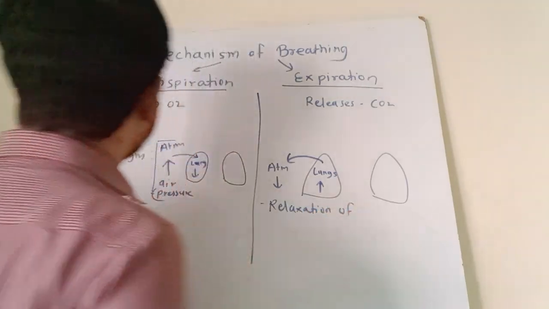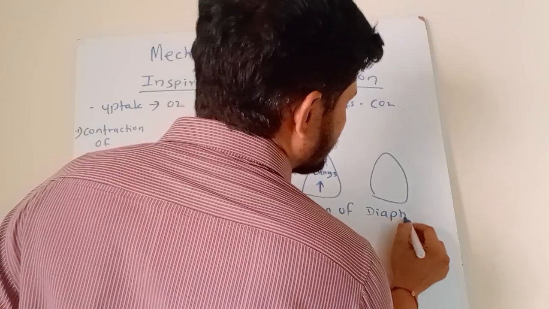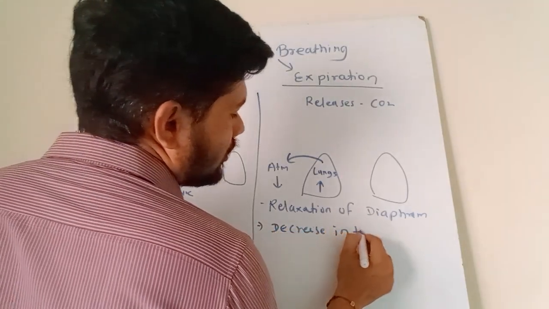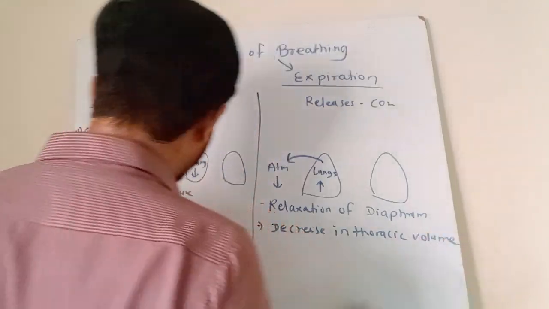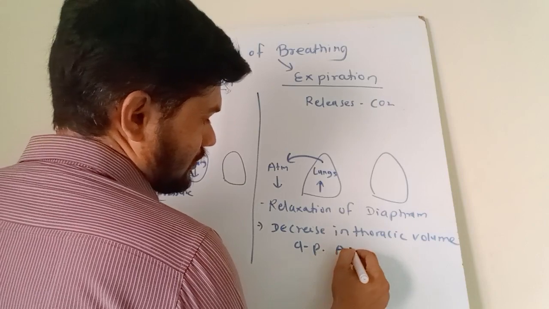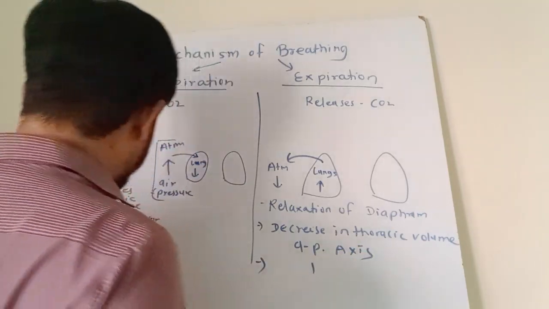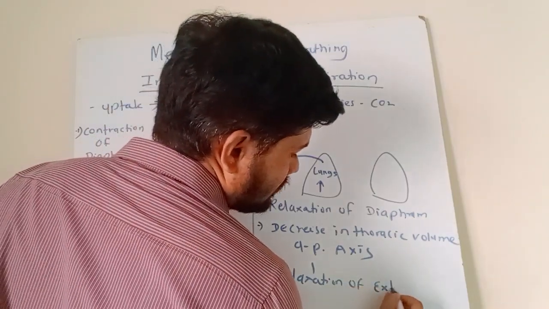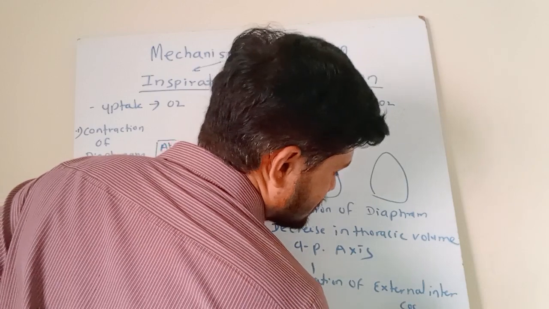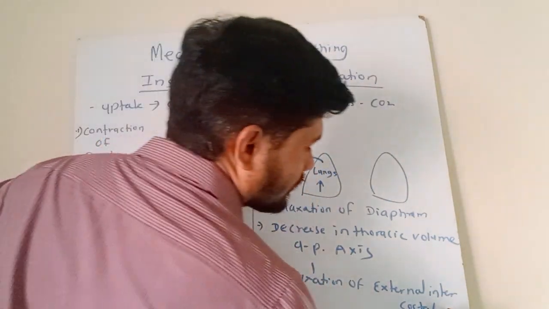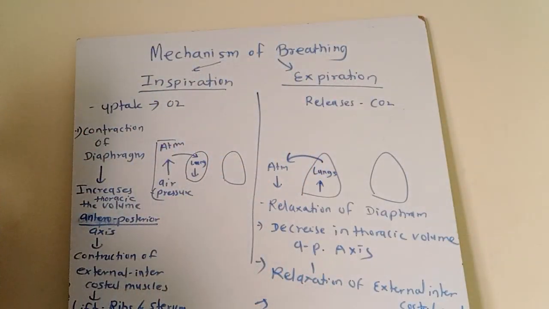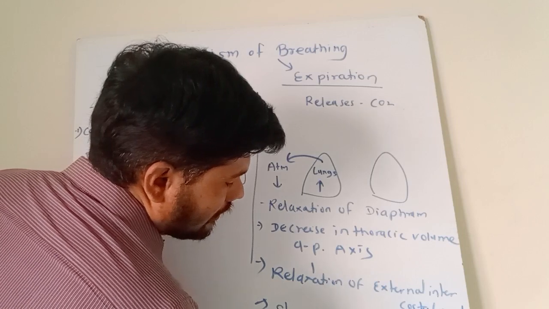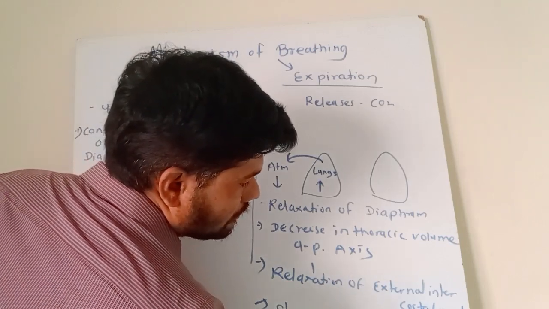Relaxation of the diaphragm leads to a decrease in the thoracic volume in the anteroposterior axis. Then the relaxation of the external intercostal muscles brings the ribs and sternum back to their normal position.